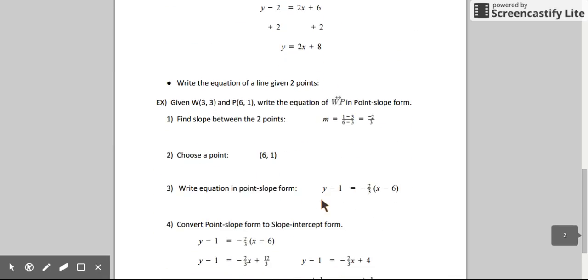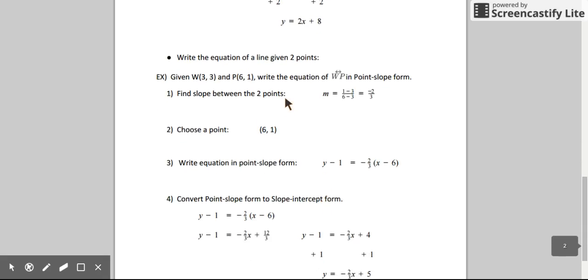Let's see what happens if we're not given the slope, but instead we're just given 2 points. We can actually get the slope of those 2 points by using our slope equation. So we'll take these 2 points, we'll find the slope between them, and then we'll be able to write the equation in point-slope form. So in using these 2 points, I'm going to say that y2 is 1 and y1 is 3, so 1 minus 3 on top.